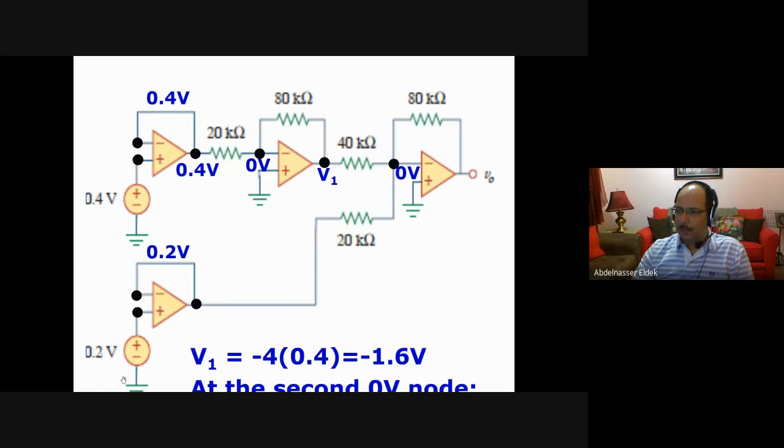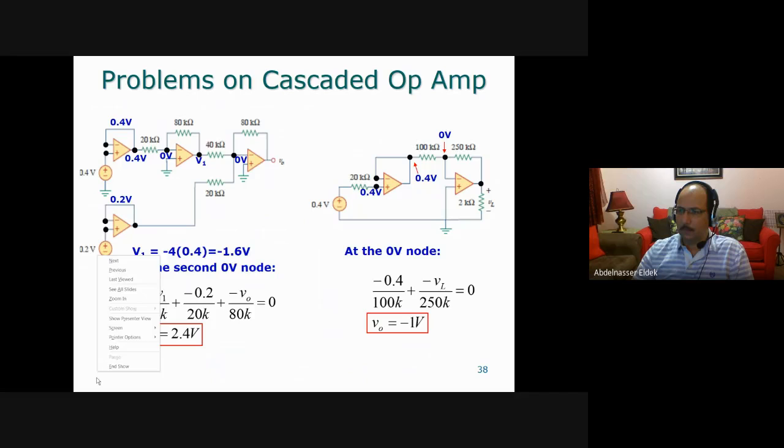If we look at this circuit here, the first one. Okay, so for the first one, as we know, the two inputs are the same, and the two currents are 0. Then this voltage here is 0.4 volt. We know that this one is 0.4 volt because we have a source.